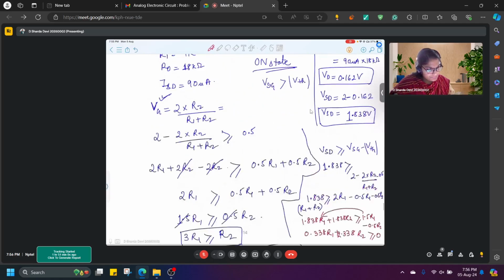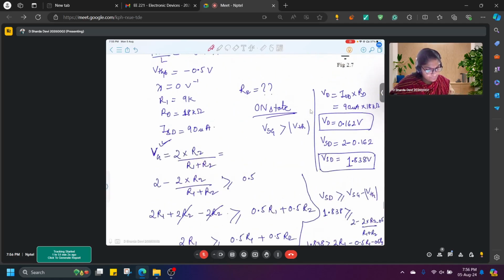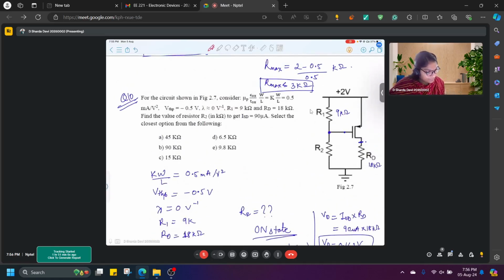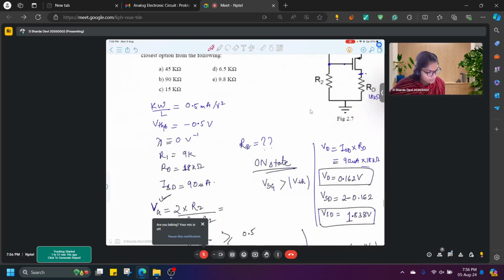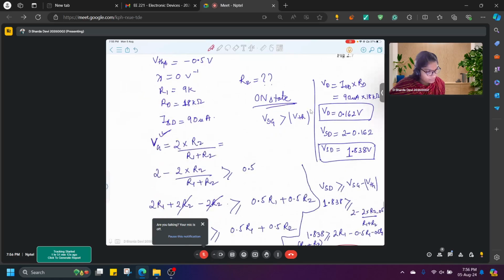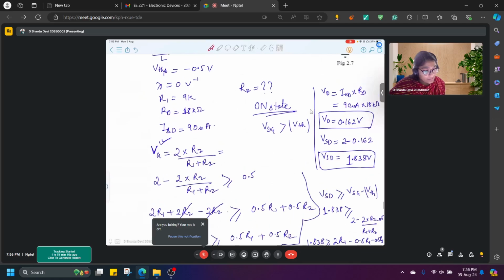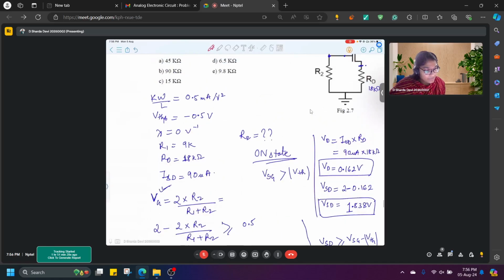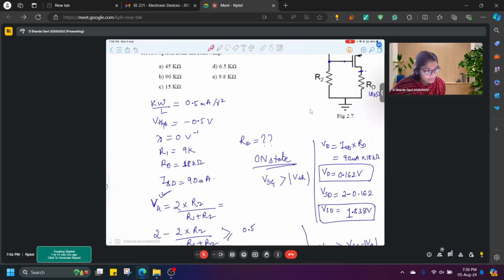So here, मैम VD का जो वैल्यू है 1.62 होगा ना? किसका? VD VD, हाँ VD 1.62 होगा. यस मैम.